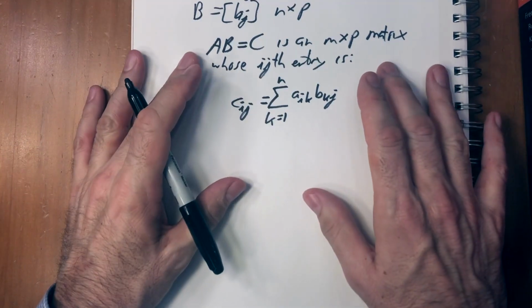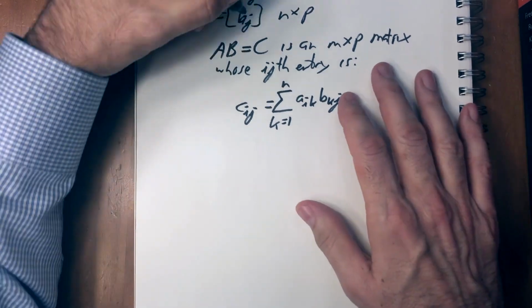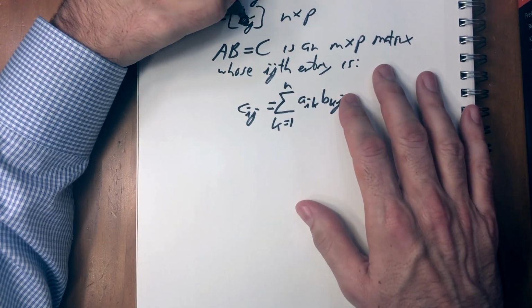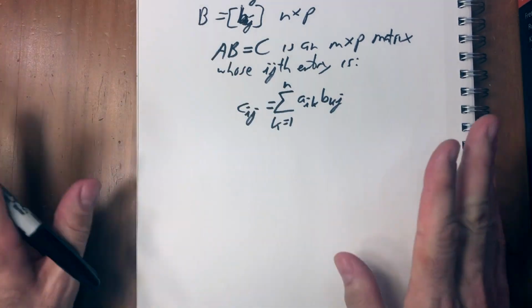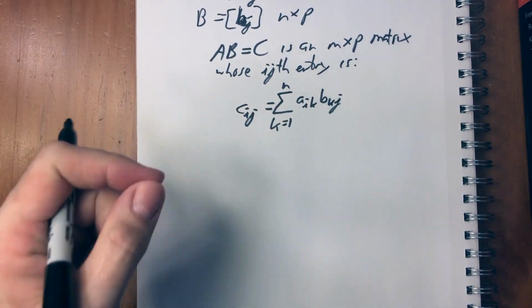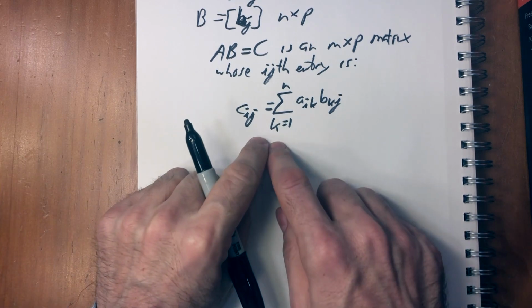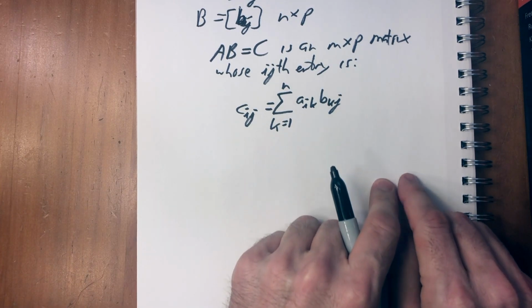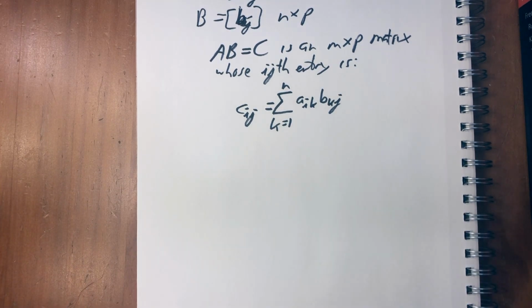This is one of those things that looks so ugly, it's easy to just shut down and say, okay, I don't know what you're saying. What this is, is the dot product of the rows of A and the columns of B. That's the way to remember this.